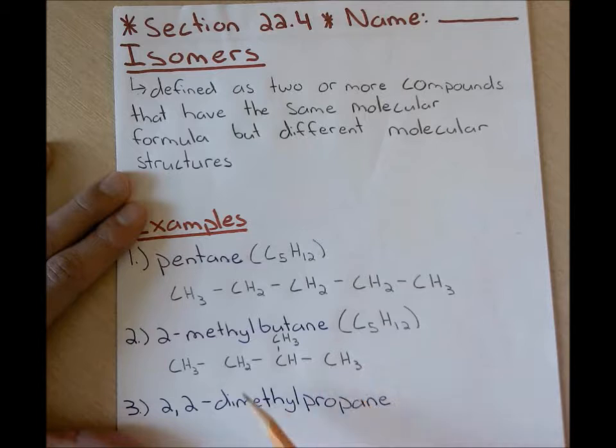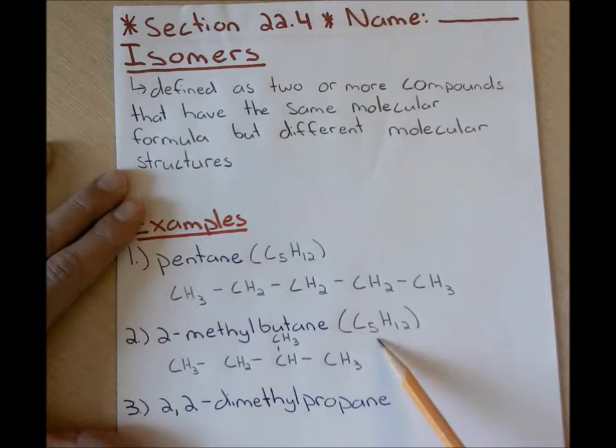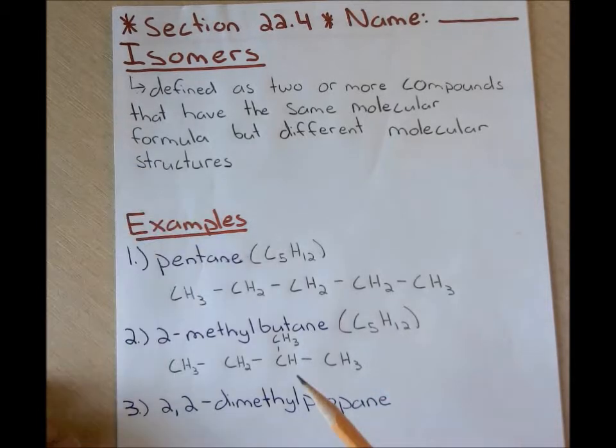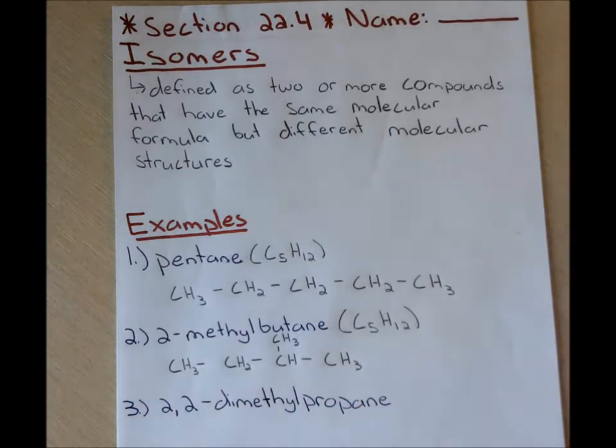Then my hydrogens: 3 plus 2 is 5, plus 1 is 6, plus 3 is 9, plus another 3 is 12. So it does add up to that molecular formula. Both of these have the same molecular formula, but by drawing these simple examples, you can see they definitely don't have the same shape.